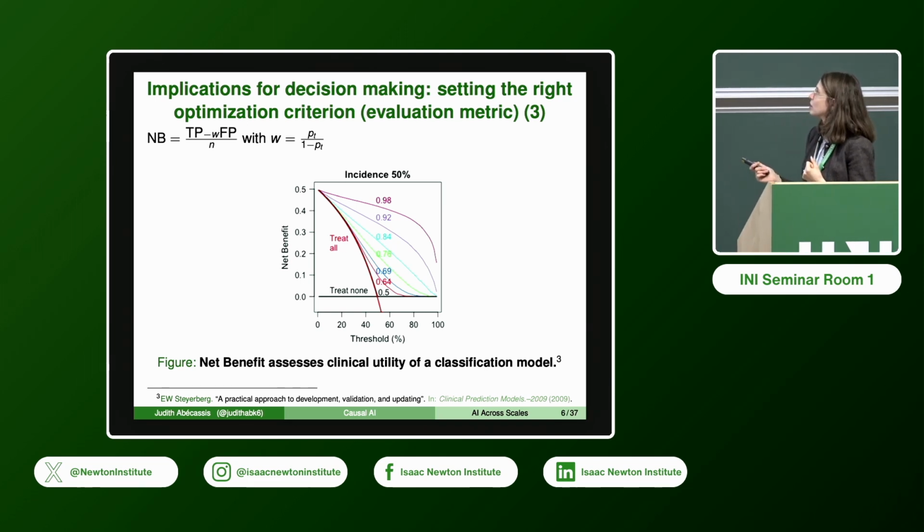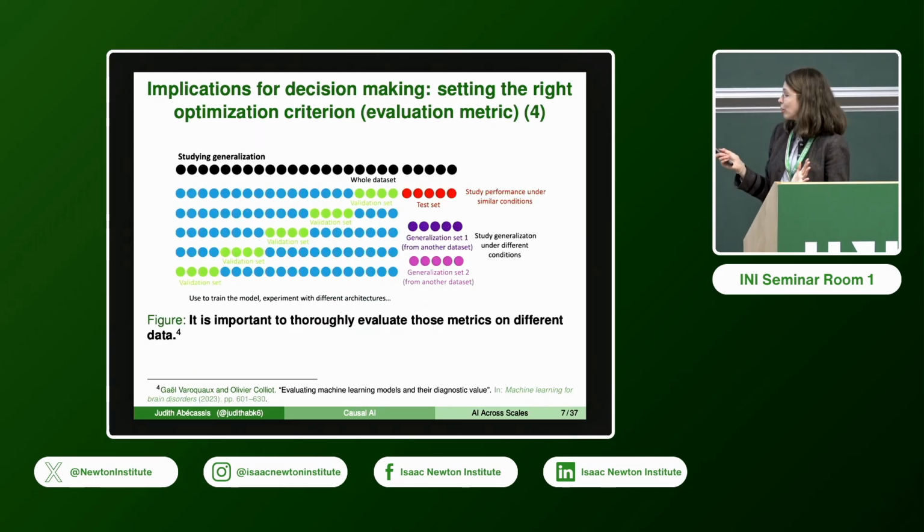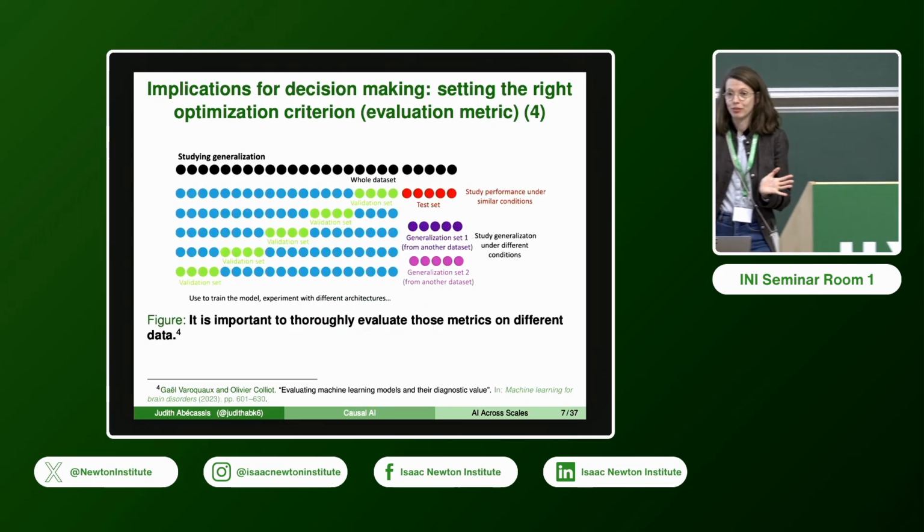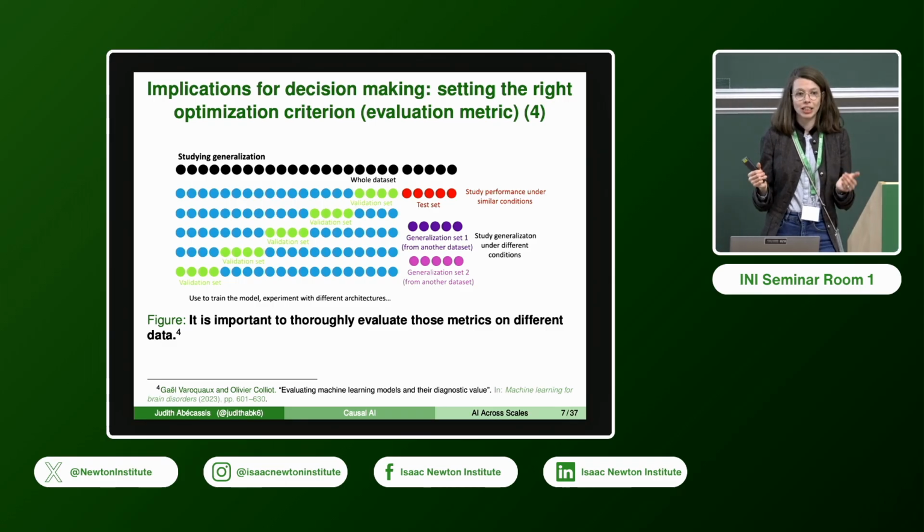Here are different models with different performances. You see that, of course, the more performing you are, the more useful you are, but it's not completely equivalent. Another very important aspect of evaluation is, of course, generalization to other data.